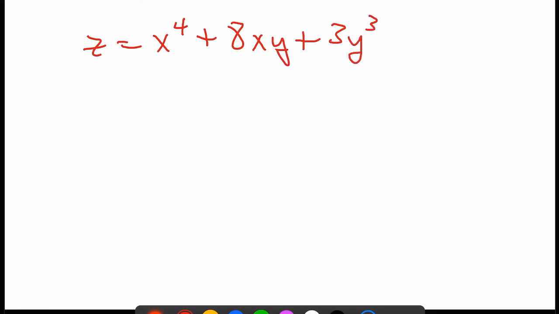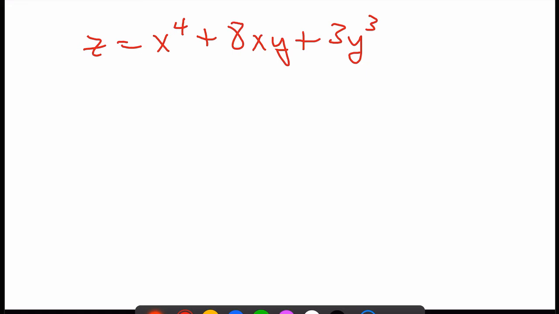So if we say z equals x^4 plus 8xy plus 3y cubed, right? And yeah, we didn't do that before. But we could find the total derivative of this.